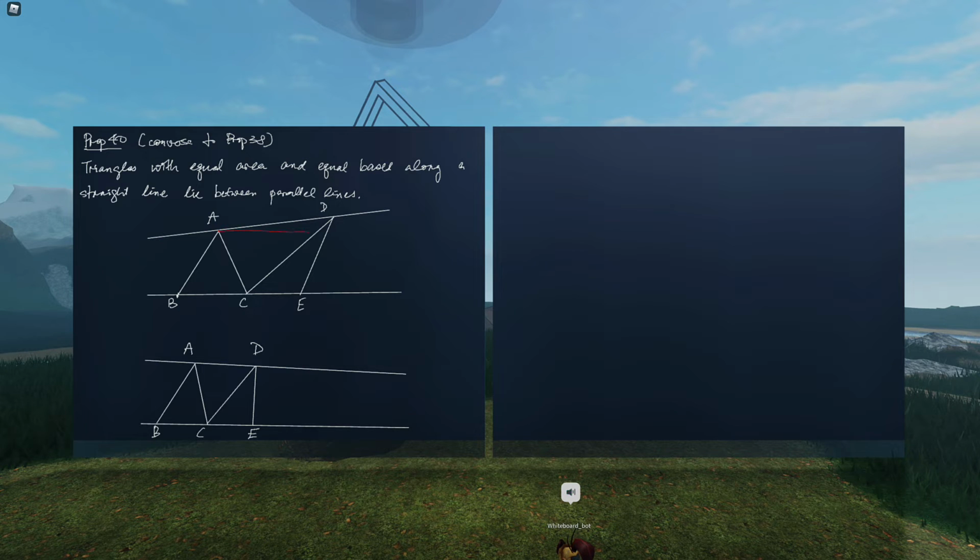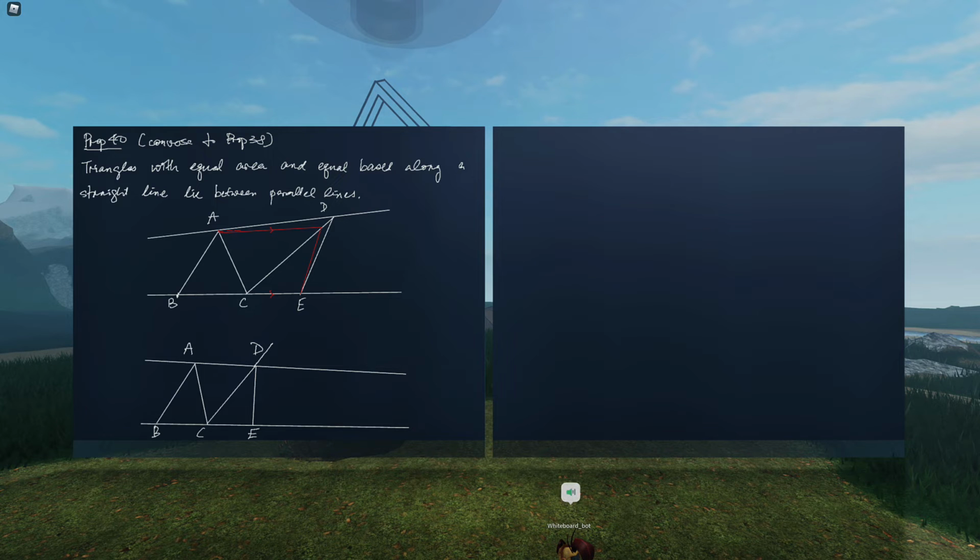I forgot to use the line tool again, so I've got this wonky line here, but that's good enough. I'm going to draw a line here that's parallel to BE and connects up these two.